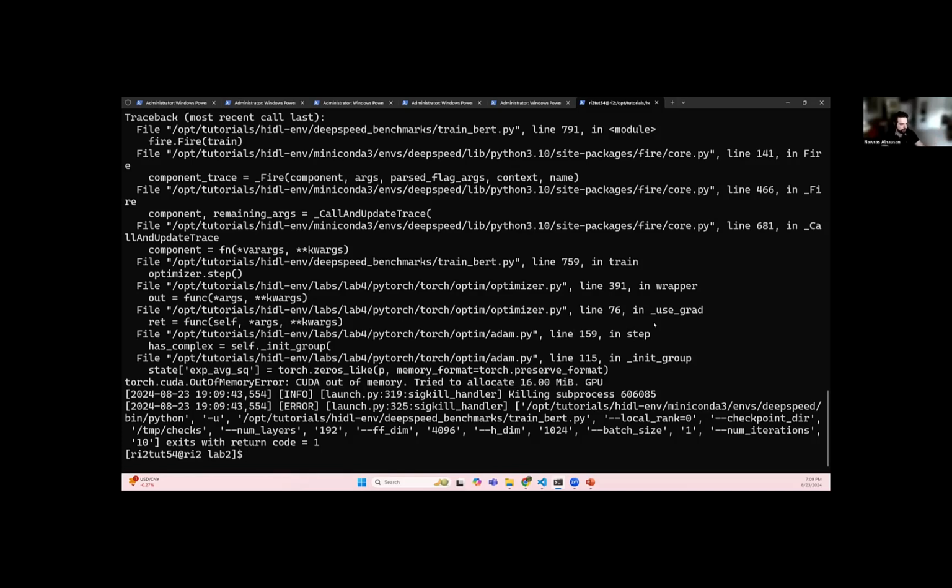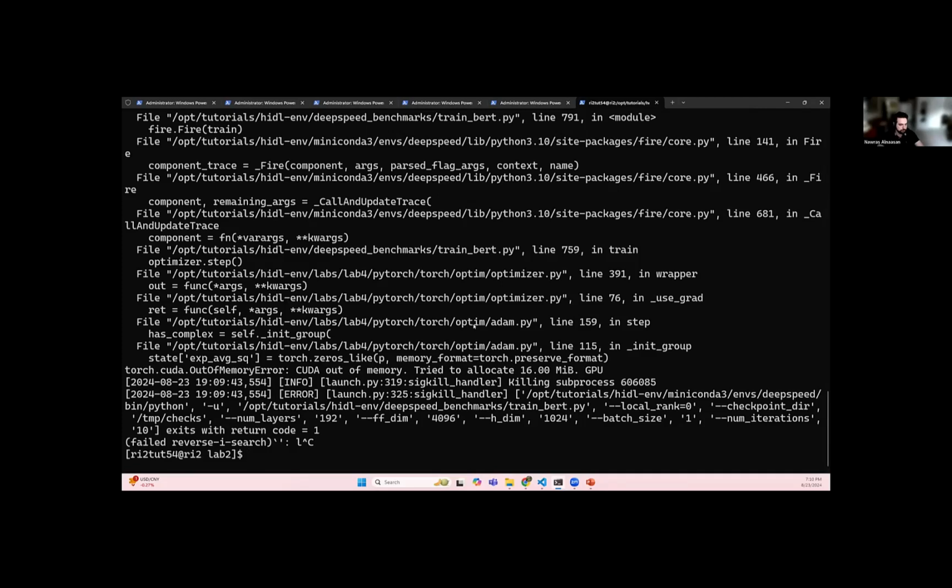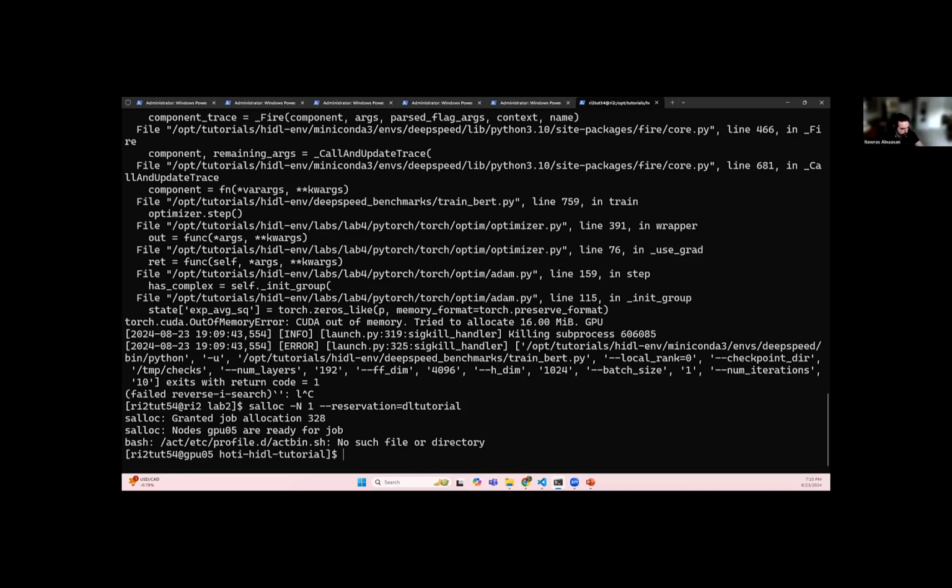So if I allocate an actual node and show the hardware, now we're on node GPU 5.